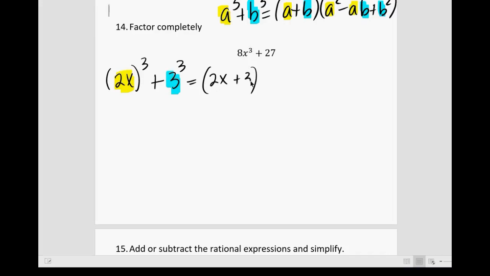So 2x plus 3 times 2x squared minus 2x times 3 plus 3 squared. Just so you can follow along, I just plugged in my values just like that.